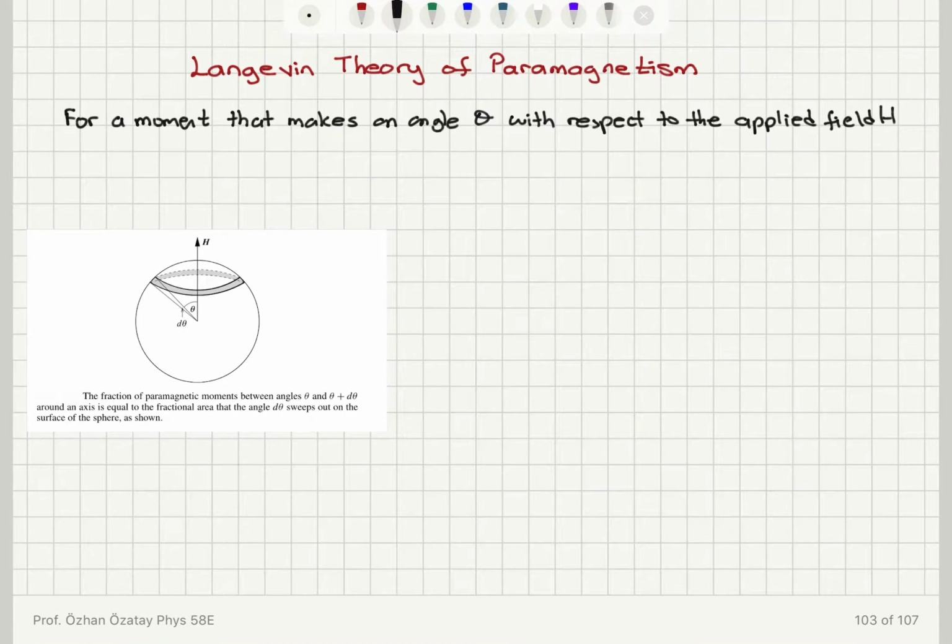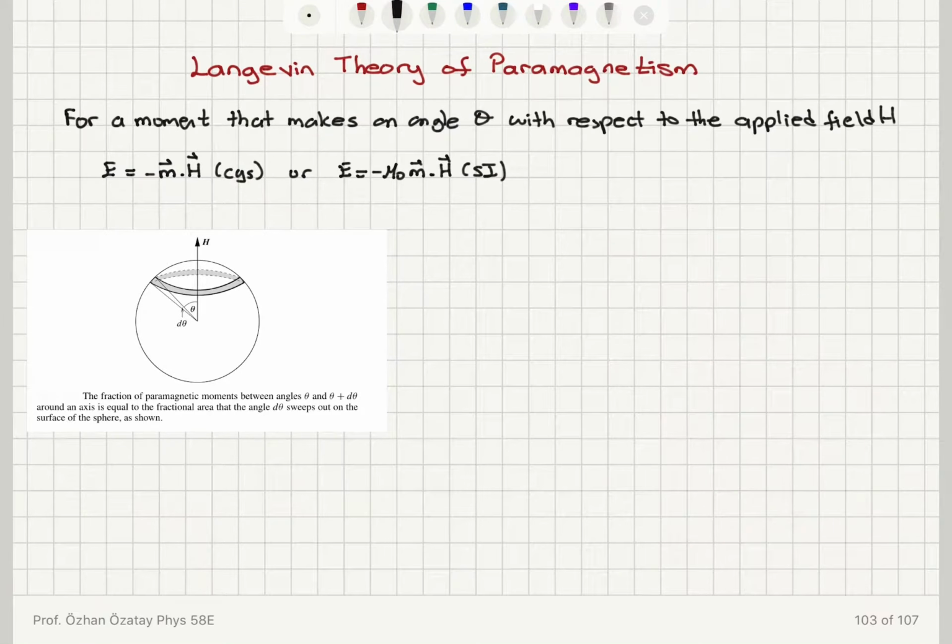We can write energy of this moment will be minus m dot h. This is using CGS. Or we can write energy is minus mu 0 m dot h using SI units.